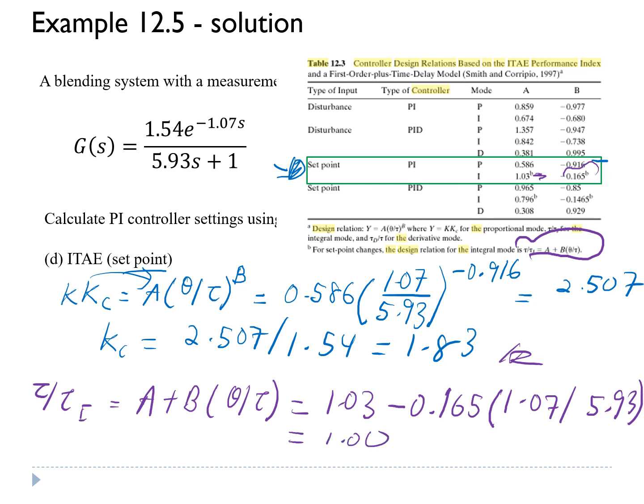So now to get the value of tau I, we divide tau by 1. So your tau is 5.93 divided by 1, which gives you 5.93 for tau I. So you get the value of Kc and tau I.